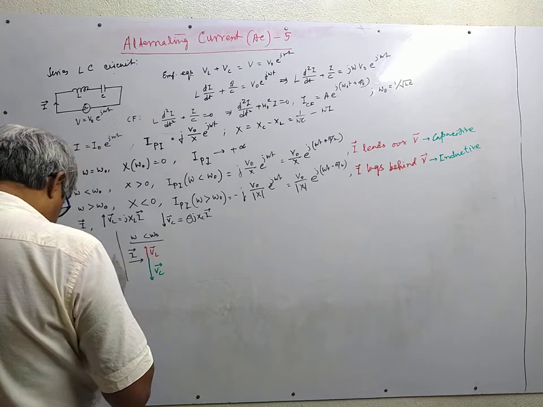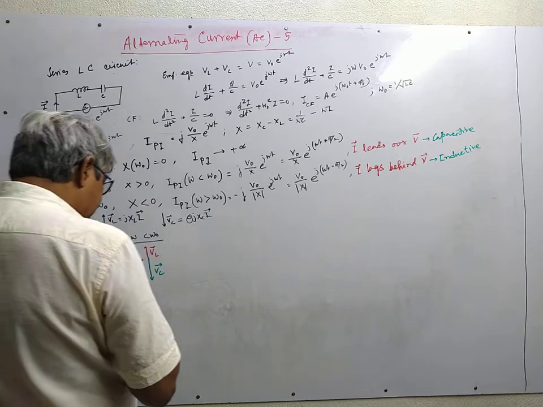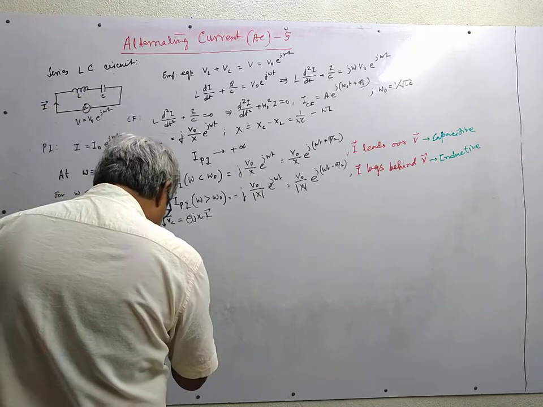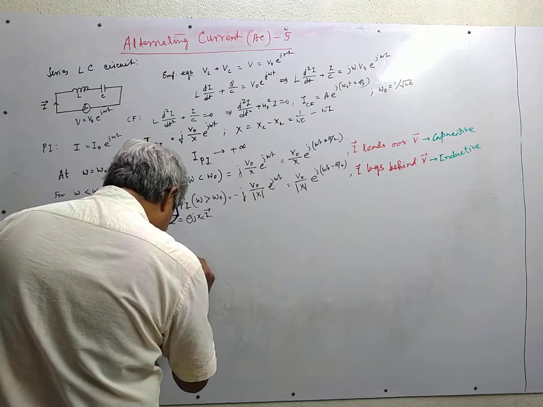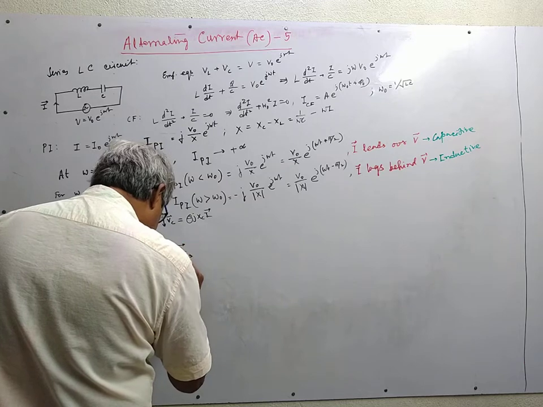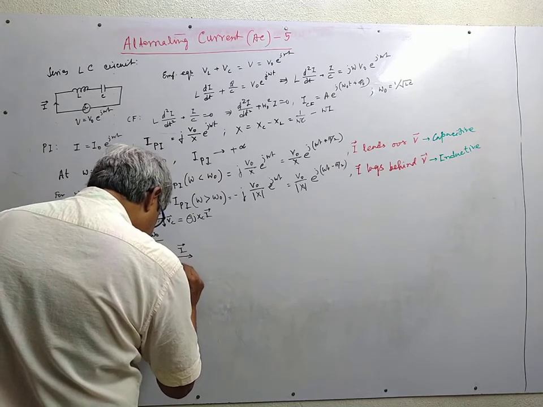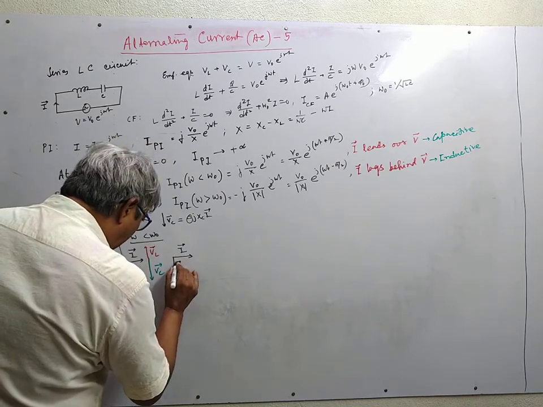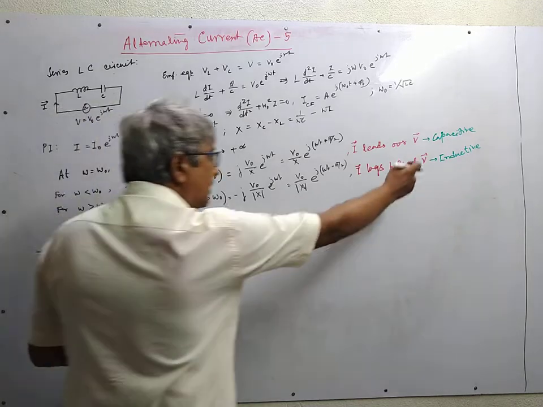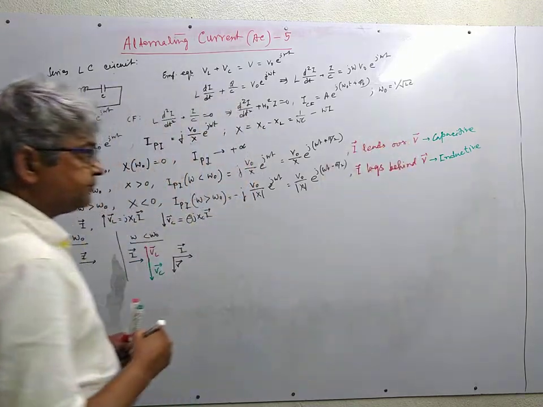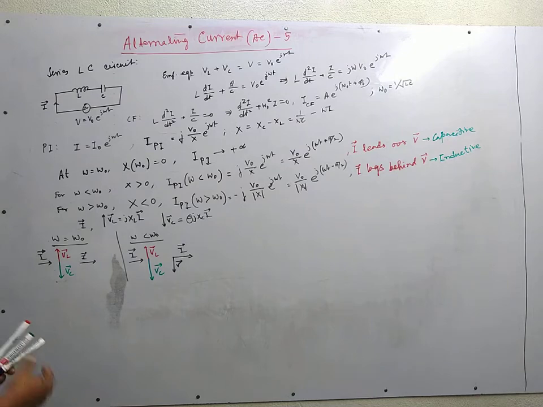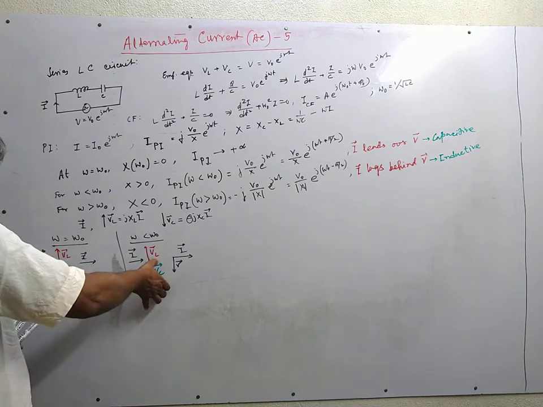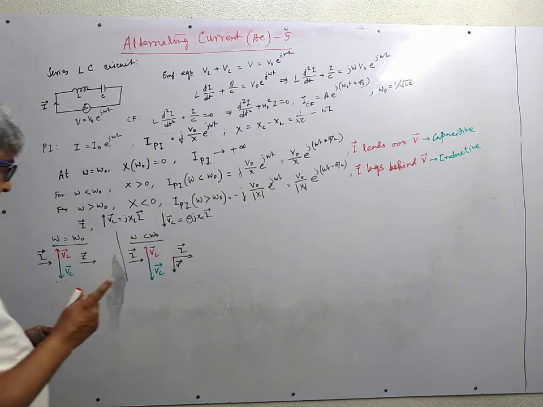So the circuit effectively becomes capacitive. So I leads over V, and the circuit is capacitive since the capacitive part dominates over the inductive one.